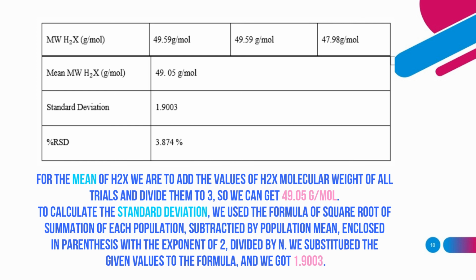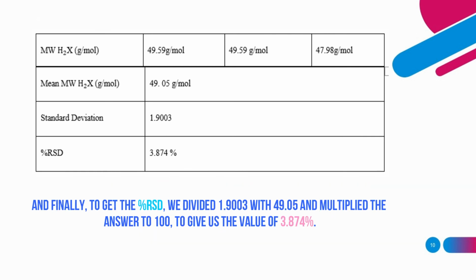We substituted the given values to the formula and we got 1.9003. And finally, to get the percent RSD, we divided 1.9003 by 49.05 and multiplied the answer by 100 to give us the value of 3.874.